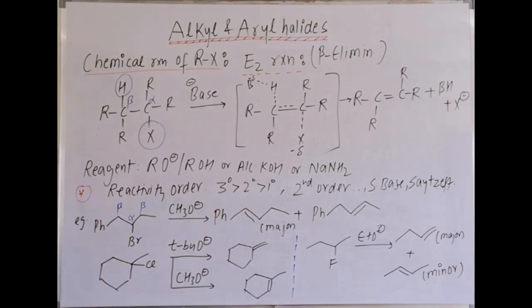Second example, here we have tertiary butoxide, which is a bulky base. CH3O minus, EtO minus, they are normal bases. Bulky base, that means firstly we mark the alpha carbon with the leaving group and how many beta carbons? 3. Now among these three, which is sterically least hindered?